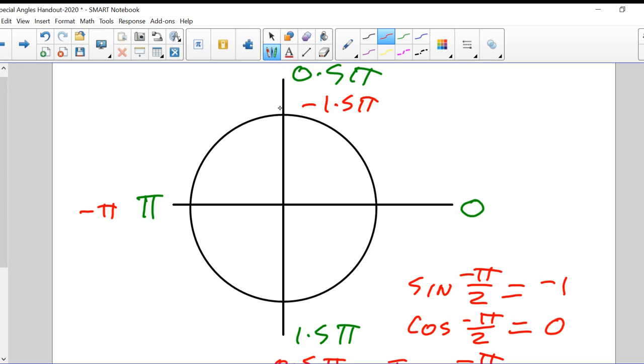Would you agree with that, Donna? Okay, so if I'm going in a negative direction, which means clockwise, wouldn't that mean that a half would take me down to the negative side of the y-axis in that case? Because I'm going a half but in the other direction. So 1/2 positive takes me to the positive side of the y-axis. A half negative takes me to the negative side of the y-axis. Does that make sense?